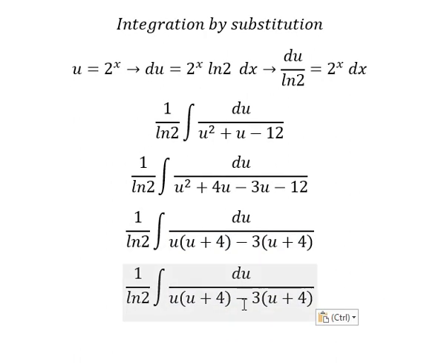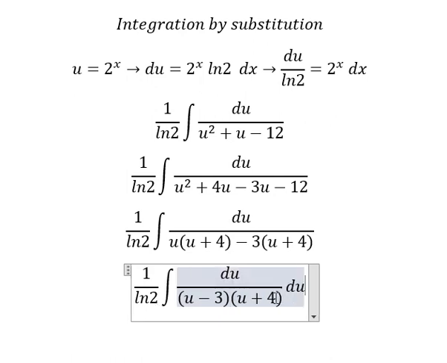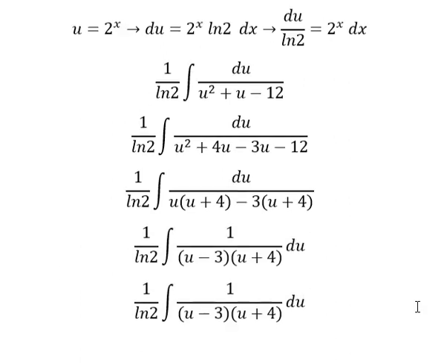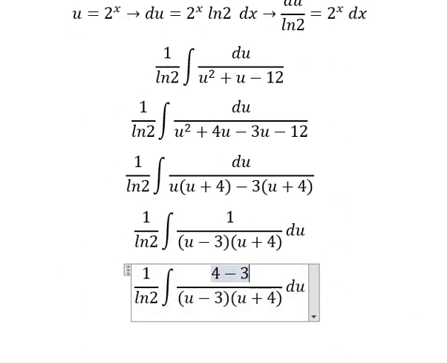Next, we can do another factorization by u plus 4. So I will put the u in here. So number 1, that is about 4 minus 3.